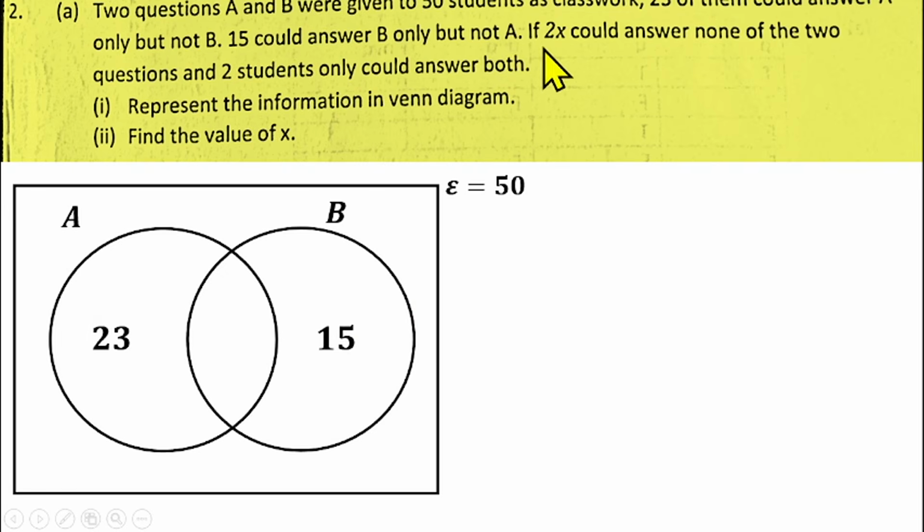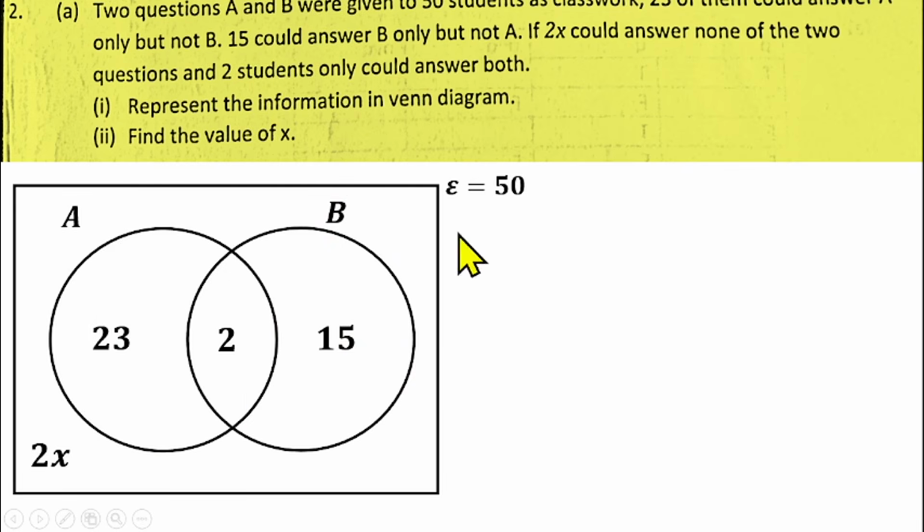Then 2x could answer none of the two questions. So inside the universal set but outside the circles, you are going to be having 2x. Then 2 students could answer both. So you are going to be having 2 here also for the intersection of the two questions. This is the information you have to represent on the Venn diagram.